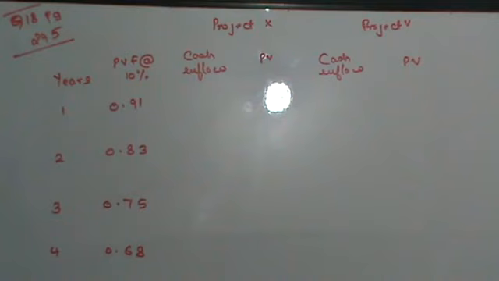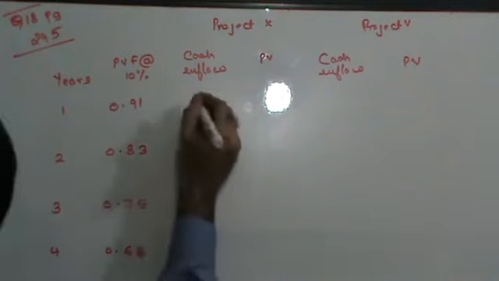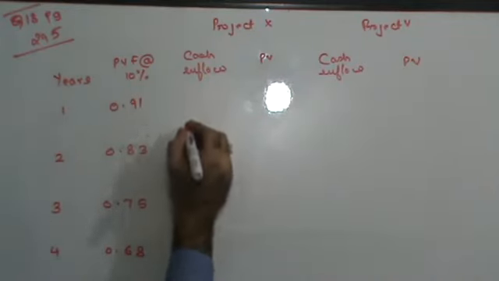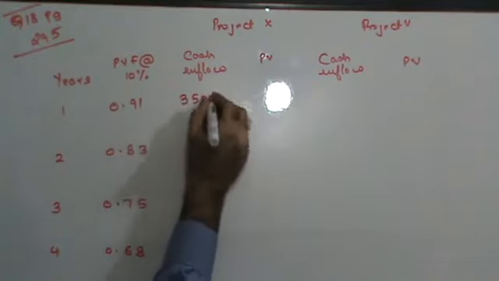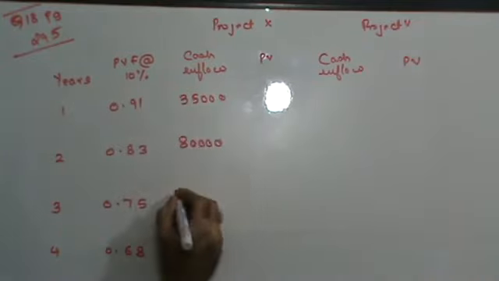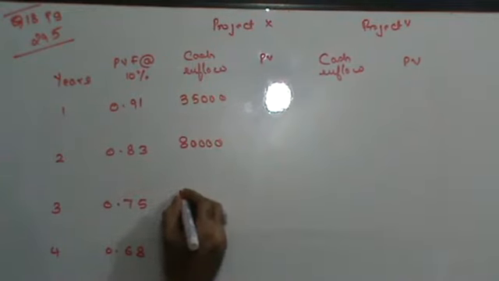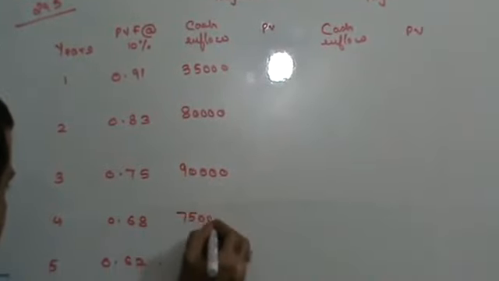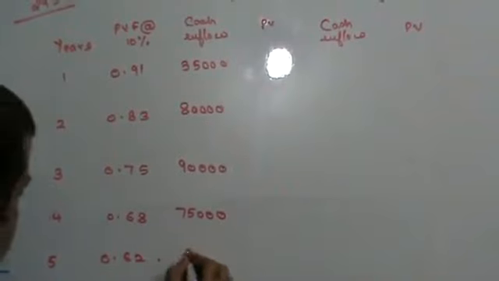Okay, the cash inflows. The cash inflow for project X is given to you as 35,000, 80,000, 90,000, 75,000 and 20,000.